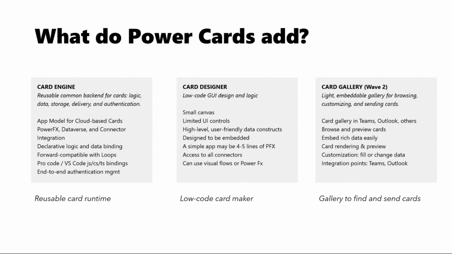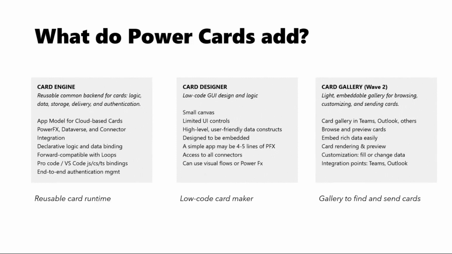And generally, a little bit about the backend architecture. Cards themselves, the definition for a power card, we call it power cards, not the official product name, it's just shorthand, are first-class Dataverse entities, so they sit within Dataverse alongside their connectors and solutions that they may be a part of. So if you are a Power Apps or Power Platform solution developer, you can embed cards into solutions as well.